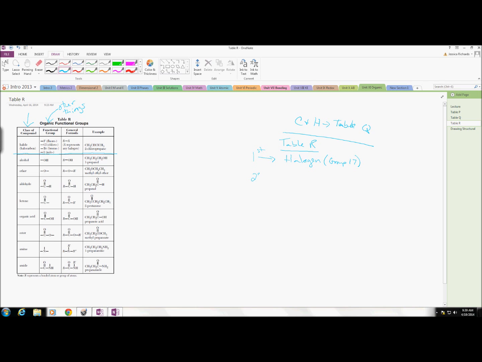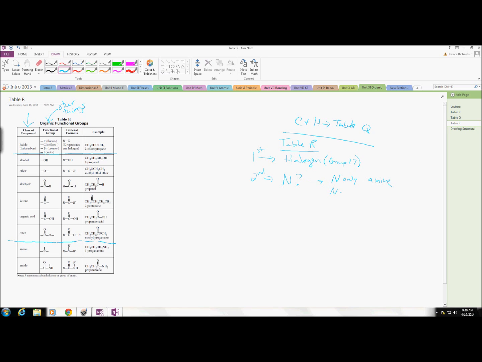Next, if you don't have a halogen, then I would look for nitrogens, because there's only two groups way down here at the bottom that contain nitrogen. One of them is amines and one of them is amides. So if it does have a nitrogen, you're going to ask yourself, nitrogen only? Then that's an amine.